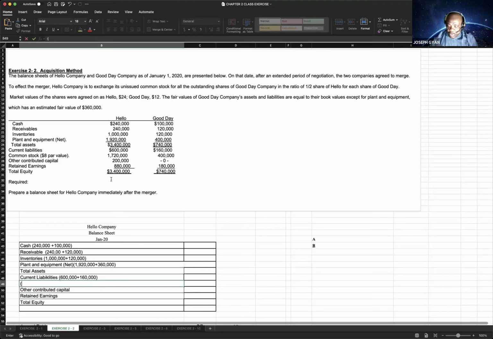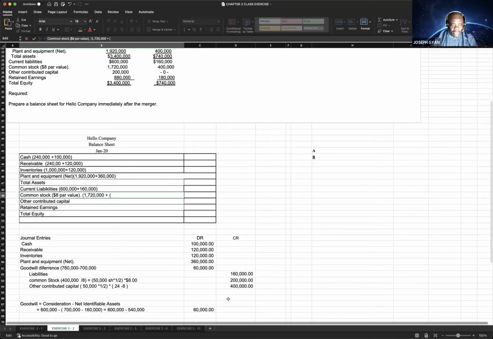They have the common stock 1 million, 1,720,000. They didn't buy all of them. So plus, remember they bought half of their stock, you can just do it directly, or we have already done that one, which is right here, the 200,000 plus the 200,000 here.